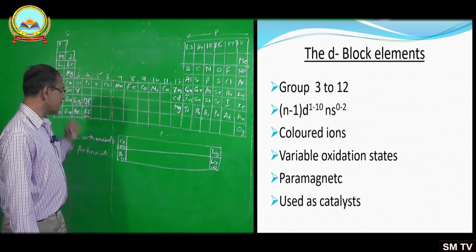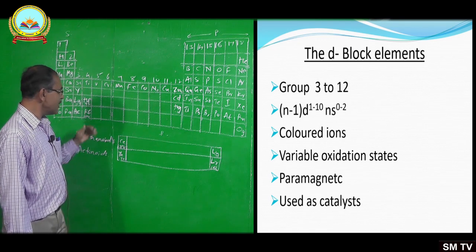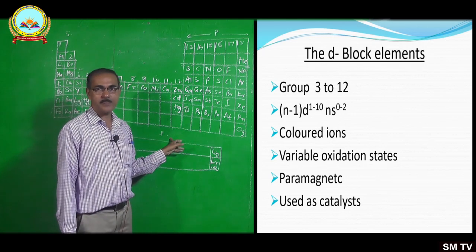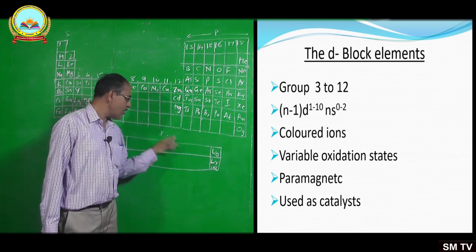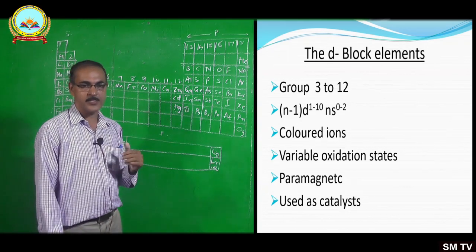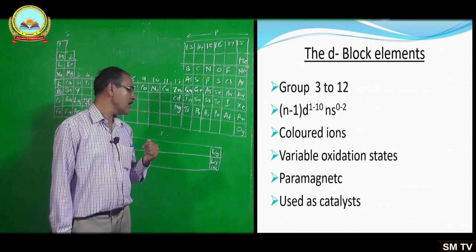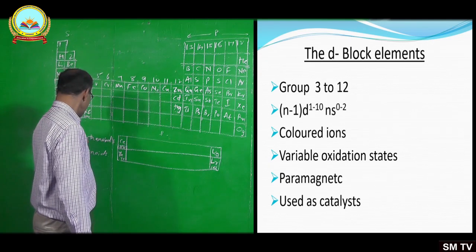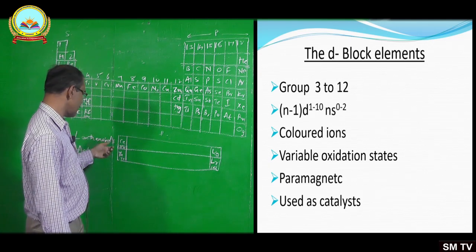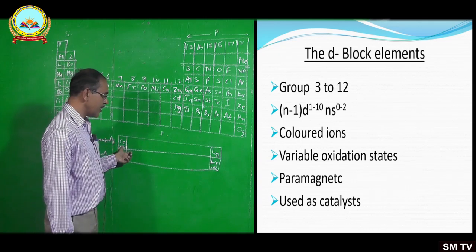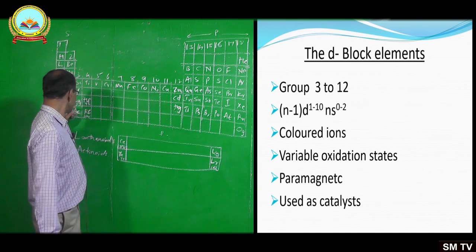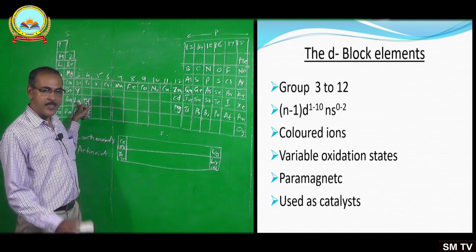After that, the next block is the f block elements. F block elements are known as inner transition elements. In the f block we have the lanthanoids, which start from cerium 58 to lutetium. Here lanthanum, atomic number 57, is the head of the family.